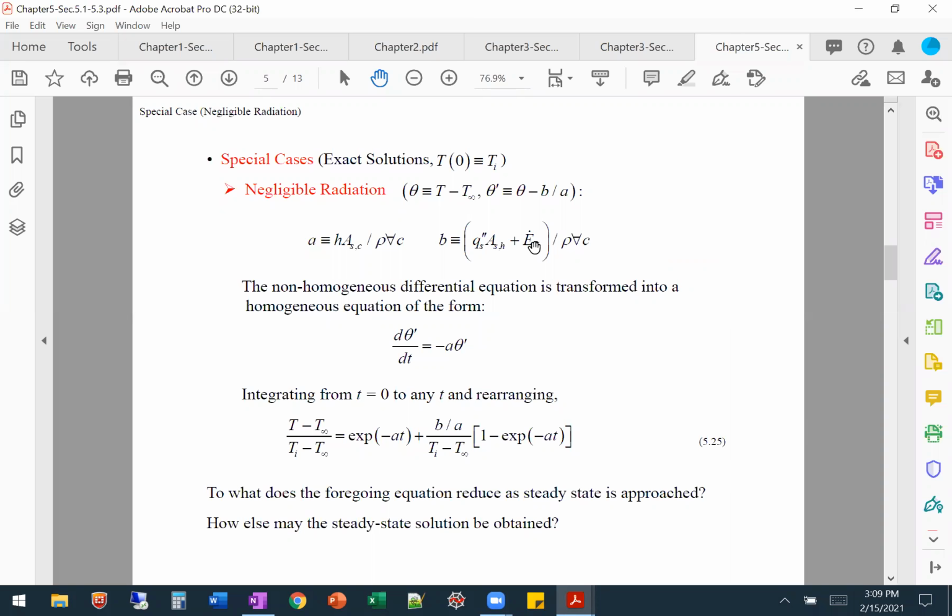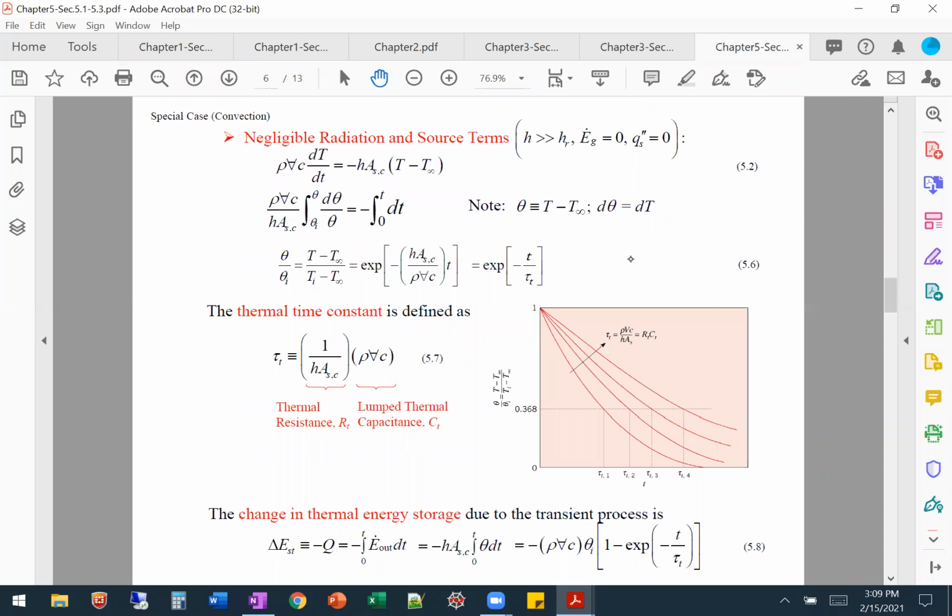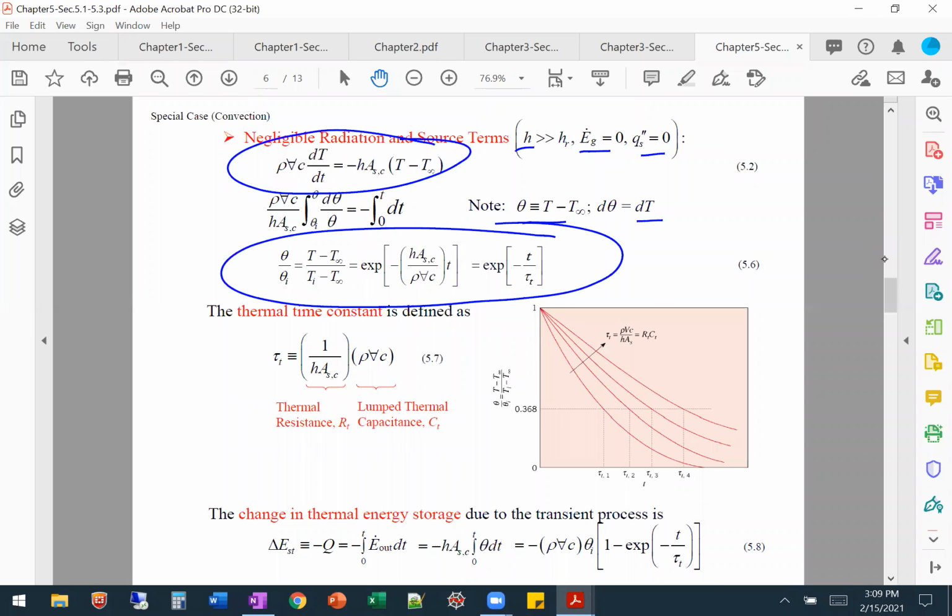We could have done this and just set energy generated to 0 and this to 0. Or we can do the case where we just have convection, energy generated 0, surface heat flux 0. So we have our equation that we just did, and if we do our substitutions, we can integrate and get this one right here.